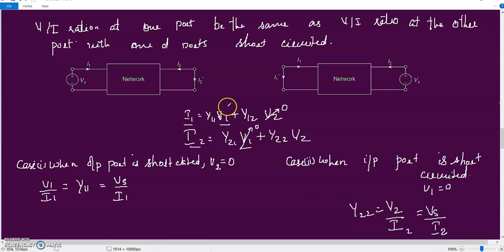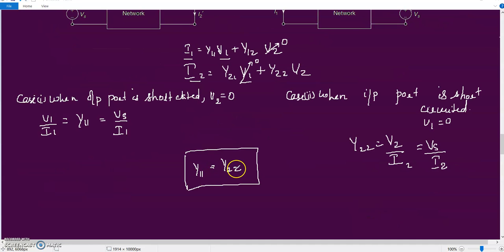Here when V1 is 0, we also have Y21 equal to I1 by V2, but we don't consider this because these are at different ports. Here we need the voltage ratio at one particular port to be the same as at the other port. So the condition is Y11 is equal to Y22.